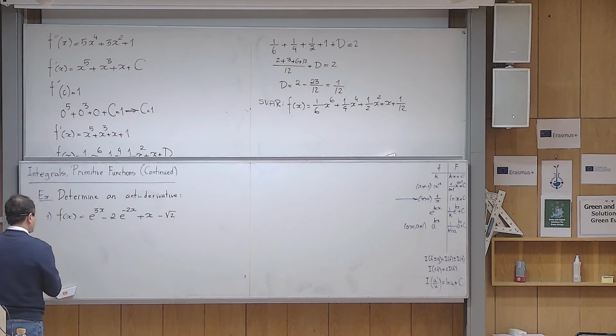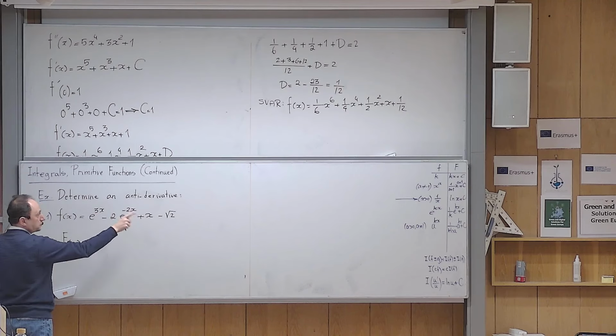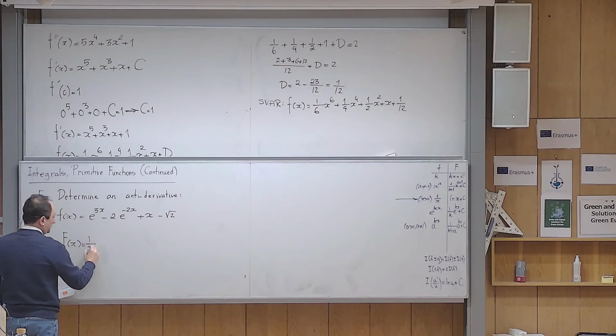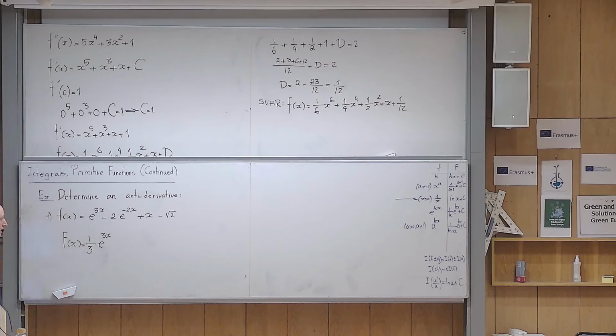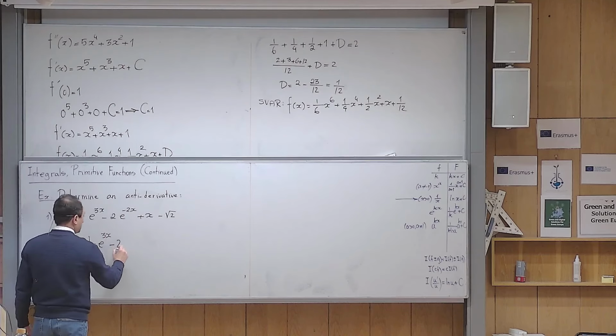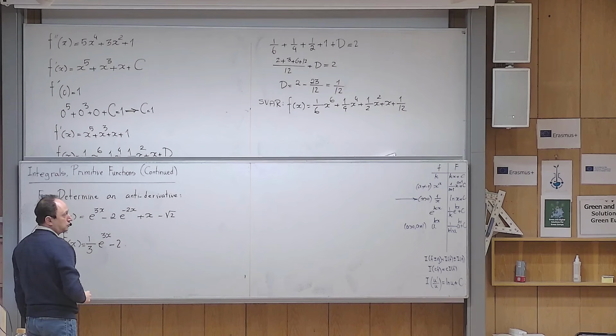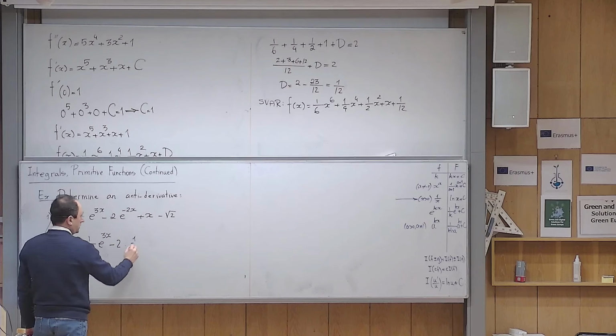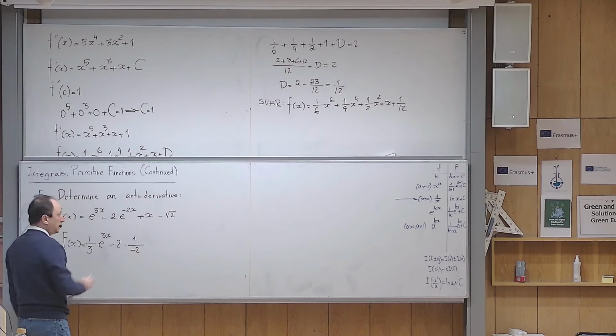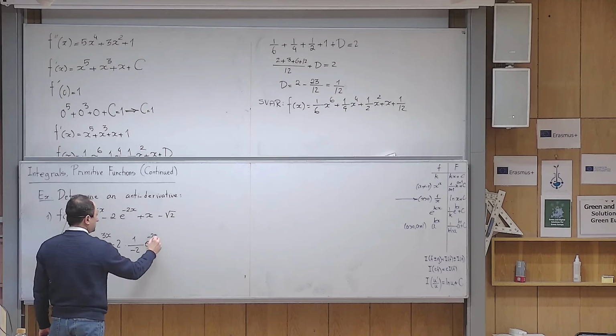The primitive function, capital F of x, becomes: here this is k, so it becomes 1 over k, so 1 over 3, but the function repeats itself. And then I have minus 2 times this one, which is again this new formula, but this time k is minus 2. So 1 over k becomes 1 over minus 2, and then the function repeats itself.